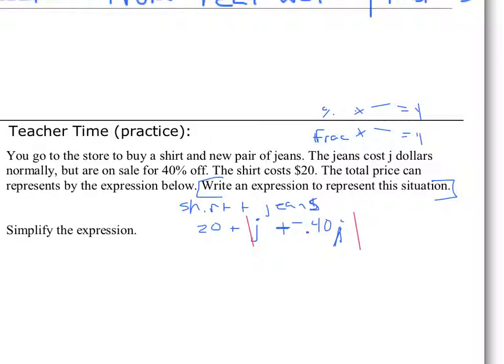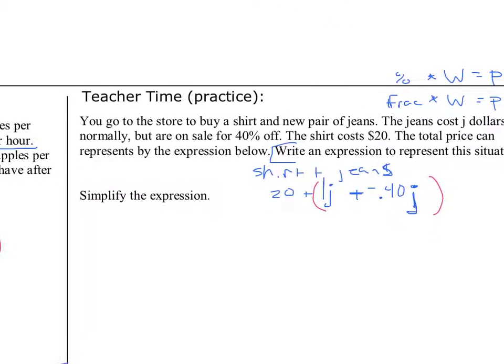Jasmine, what number should be out in front of that J if I want to use its coefficient? Yeah, a 1. So now I know I should be adding 1 and negative 0.4, which means realistically, should I be like signs add or different signs subtract? Subtract. So I'm subtracting 1 and 0.4.